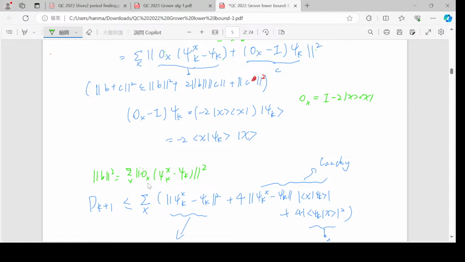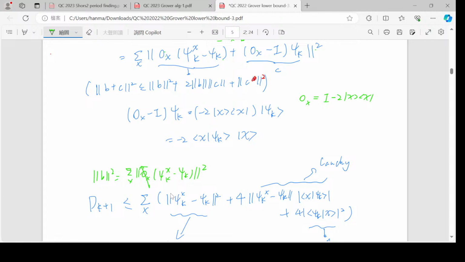So this O_x doesn't do anything, because you have a norm. When you fix x and take the norm squared, O_x is just a unitary, and a unitary doesn't affect the norm, so you can just take out all the O_x.